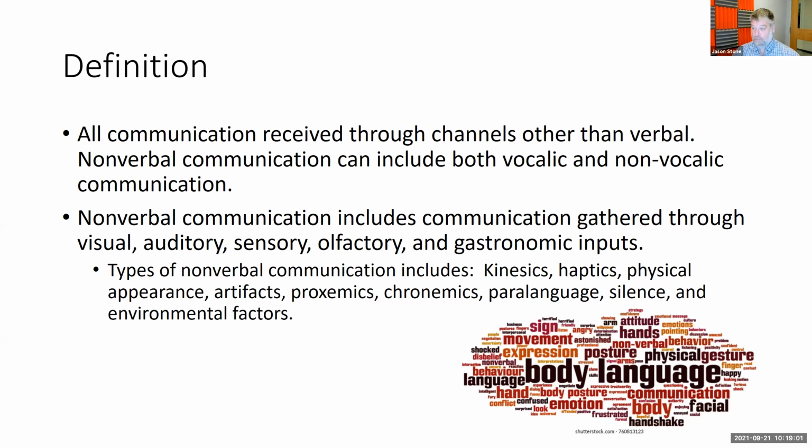Then briefly, just to preview where we're going to go ultimately in the lesson, we'll conclude a lot of this lesson with some discussion of some very specific types of nonverbal communication: kinesics, haptics, physical appearance, artifacts, proxemics, chronemics, paralanguage, silence, and environmental factors.